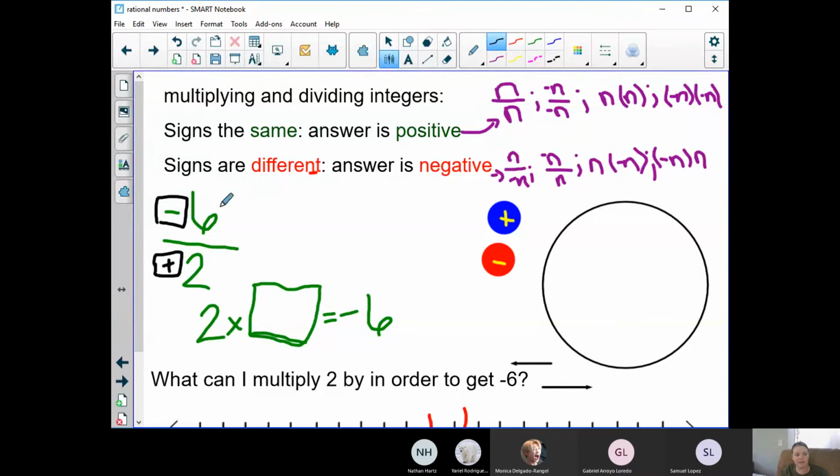So my signs are different. My answer is negative. So we know the answer is going to be a -3. Any questions? Okay. All right, let's do one more.